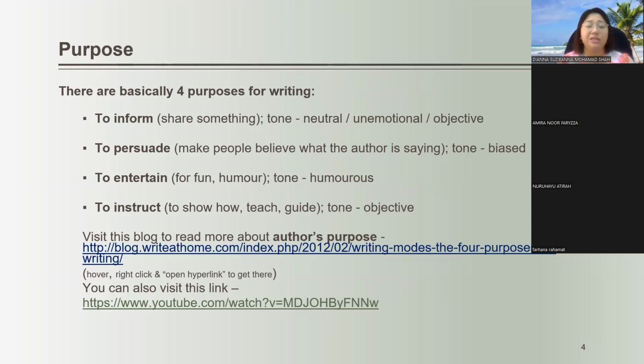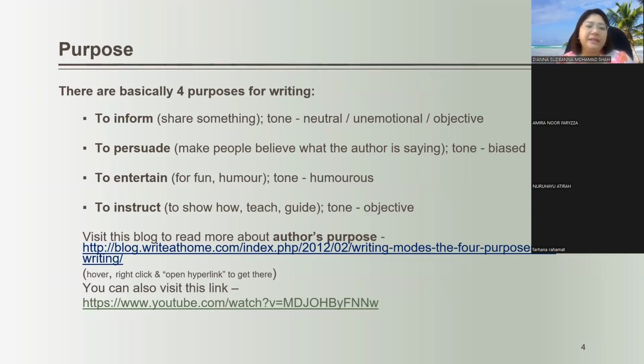I am such a conventional person. I like to write something on paper. So this is what we say as the tone involved is going to be biased, because I am trying to persuade you to believe in my stance, in my own pendirian, my stand.